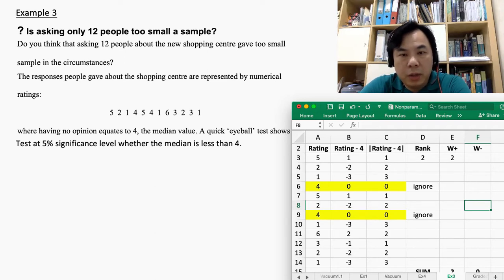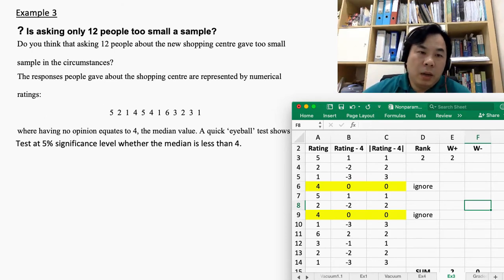So a quick eyeball test shows that roughly 50% of the responses have more or less the same opinion. Maybe 50% of them will have an opinion greater than the 4, another 50% will be less than 4. That is just a very quick outlook of the responses.